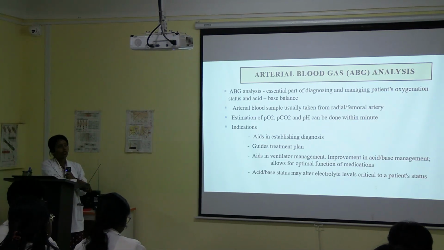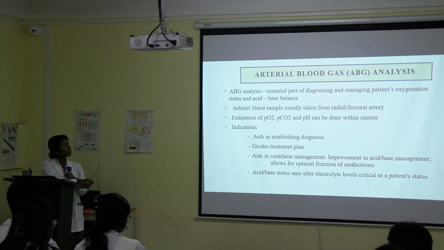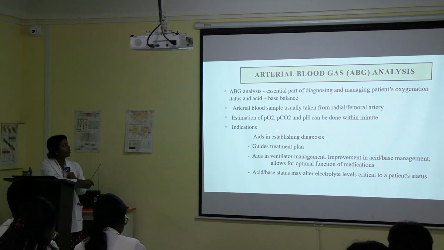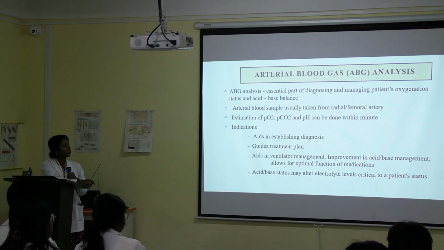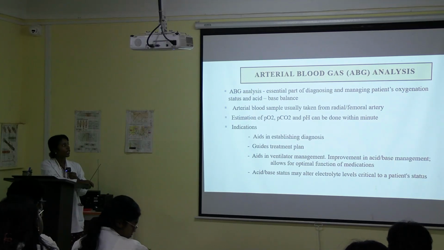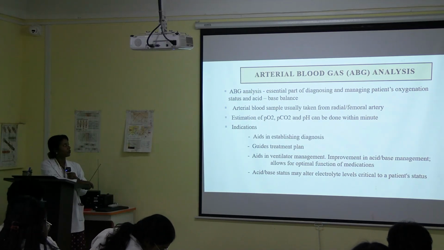Then ABG, that is arterial blood gas analysis. That is an essential part of diagnosis and managing patient oxygenation status. We will tell you about acid base balance also. That is another very big topic. They will collect arterial blood from an artery like the radial or femoral artery.